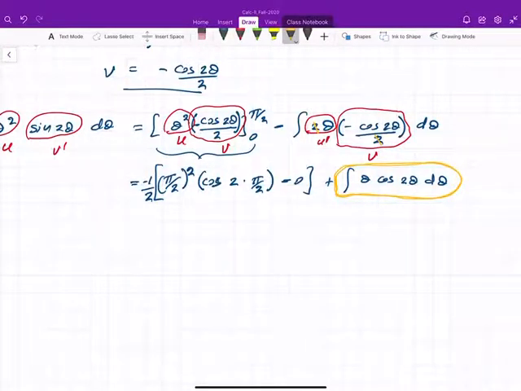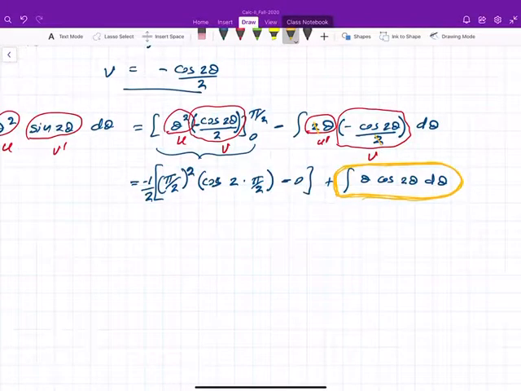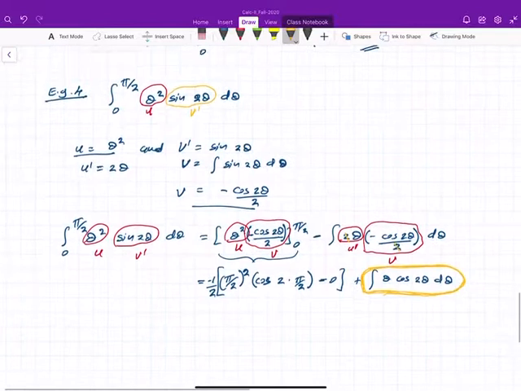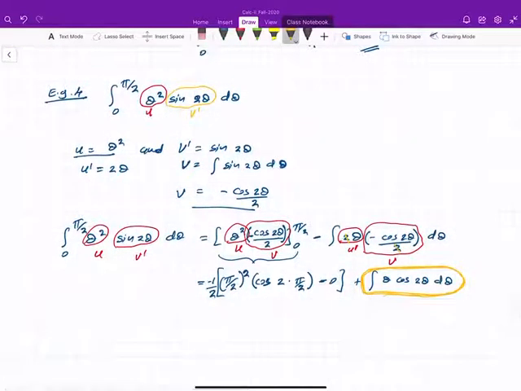So what do you do? You have to use integration by parts for that problem. Okay, so this problem is a little bit complicated. So this is the given problem to you. In this given problem, you had theta square right here.